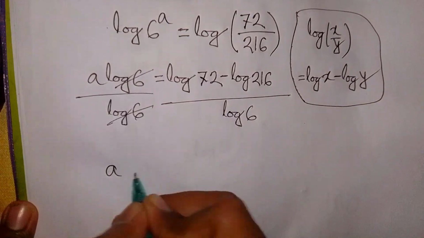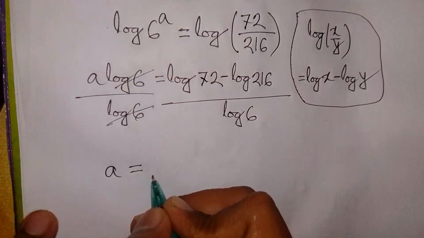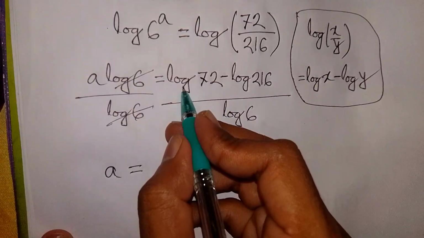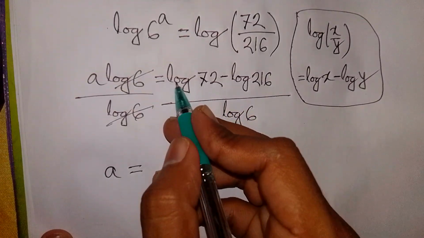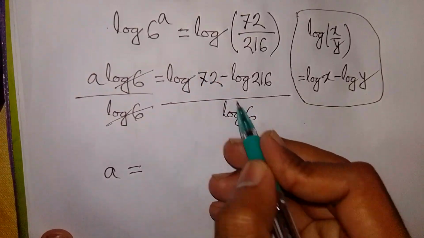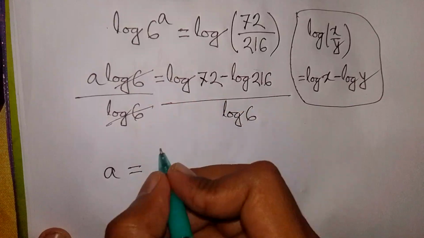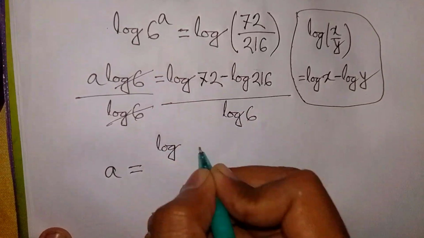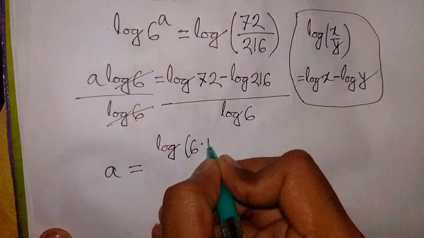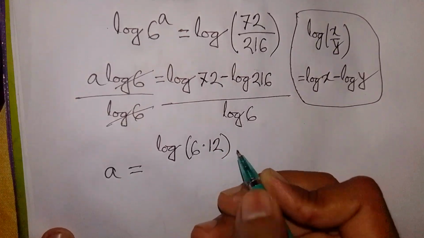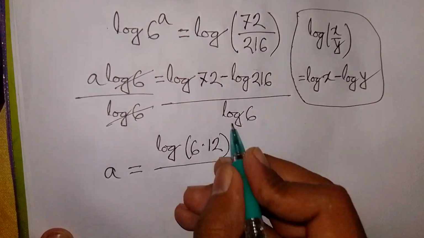Here a will be equal to log 72 over log 6 minus log 216 over log 6. So log 72 can be written as log of 6 times 12, over log 6.